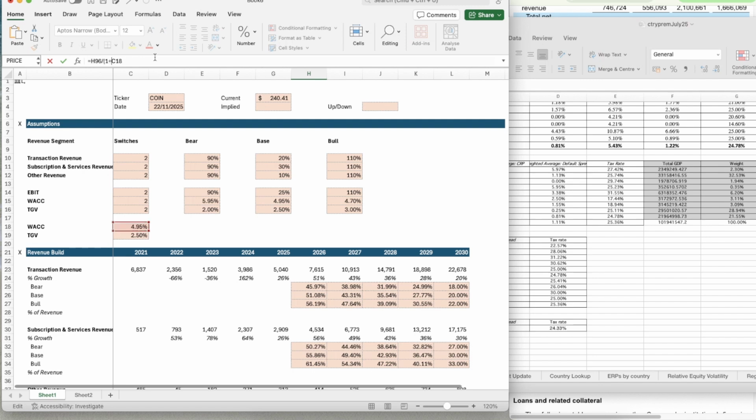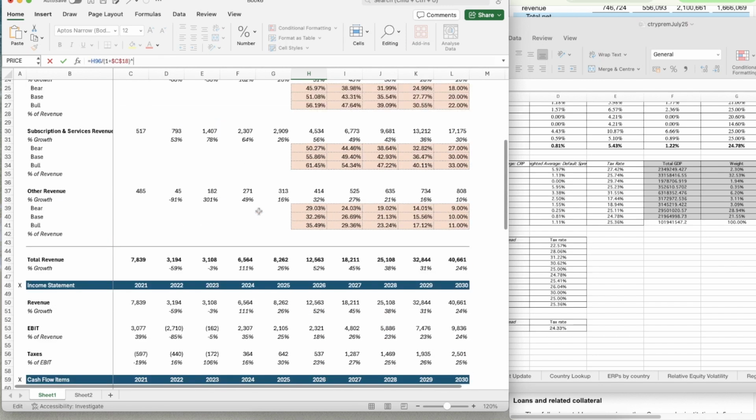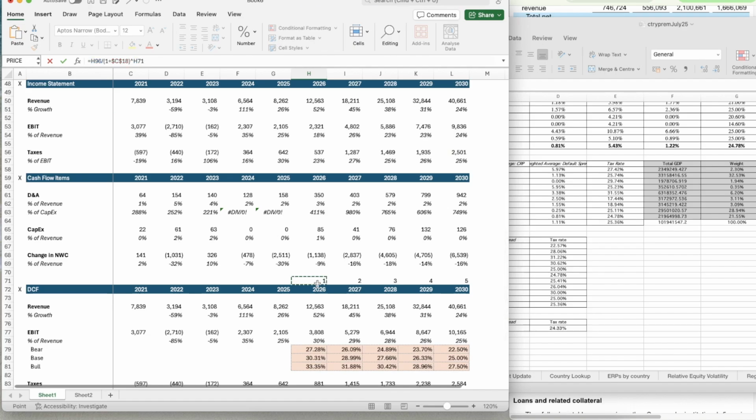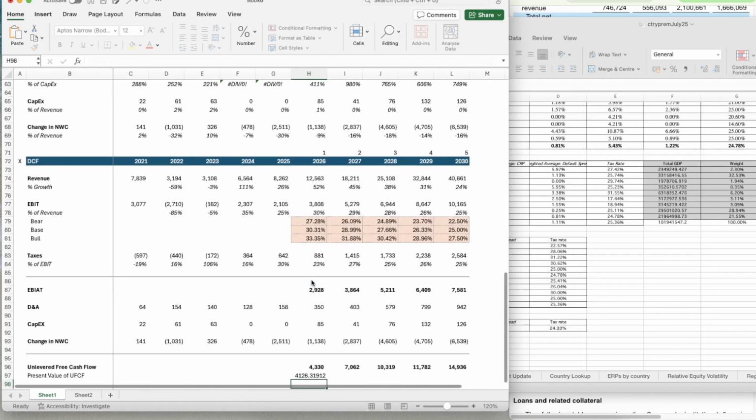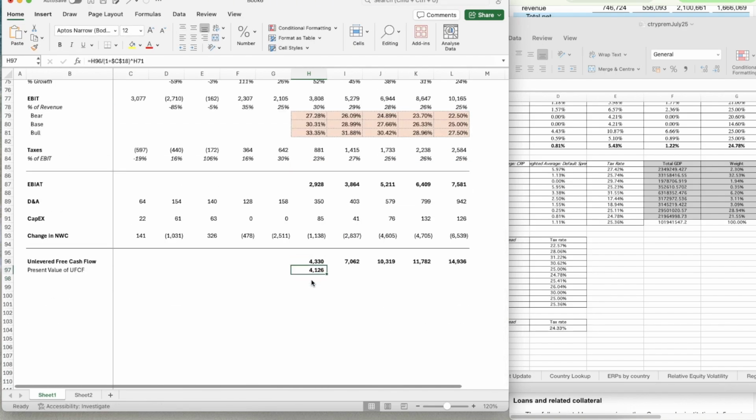We lock the WACC in, close brackets, and do to the power of the year. So there we have the present value. In the final year, in nominal terms it's nearly 15 billion, but discounted to present day value, the purchasing power of that is 11 and a half.